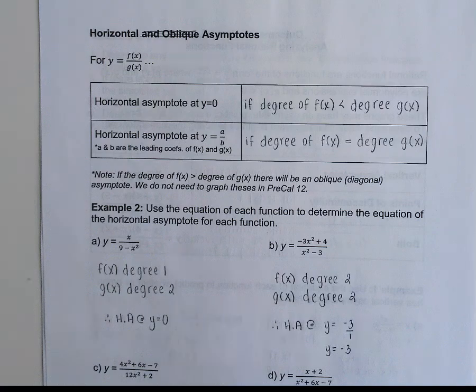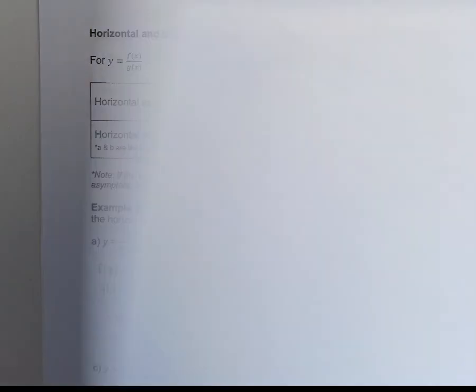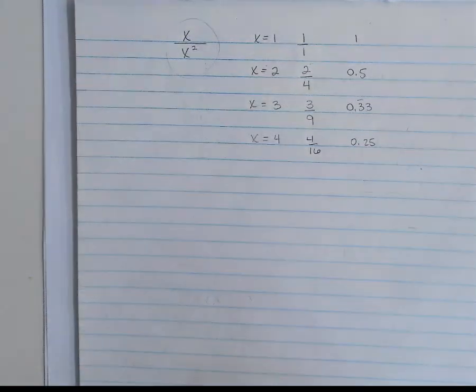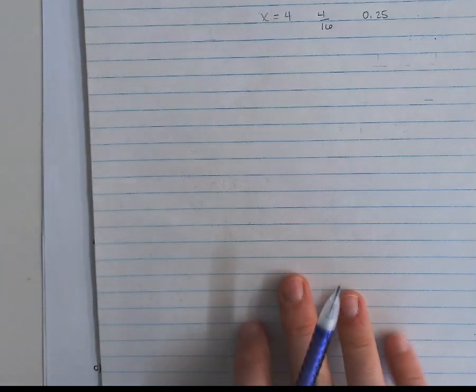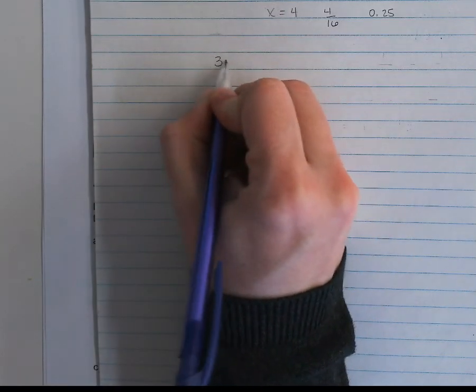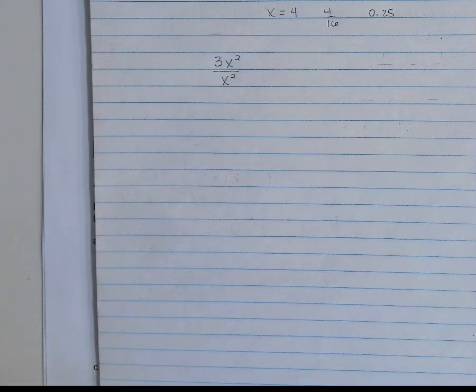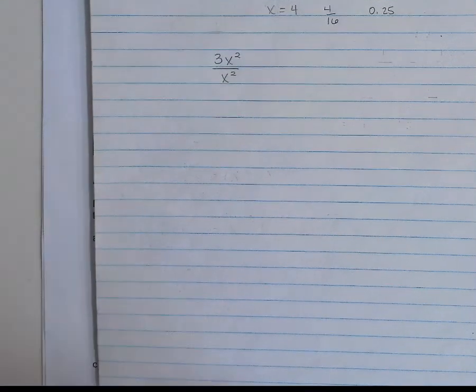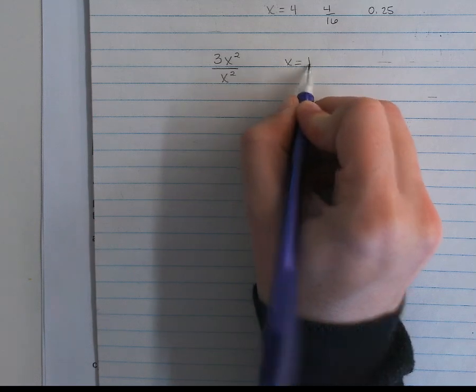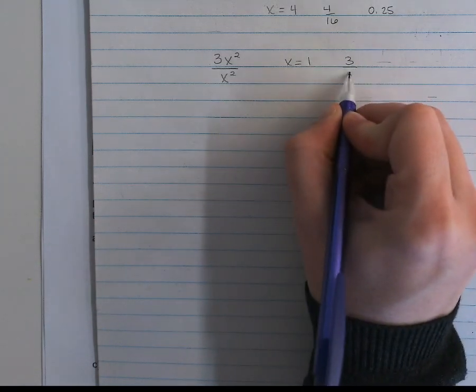Now, if the degree of the top and the degree of the bottom are equal, then what's going to happen, if I were to instead use 3x squared over x squared. So those are equal degree. When I plug in these x values now, we would get 3 over 1.